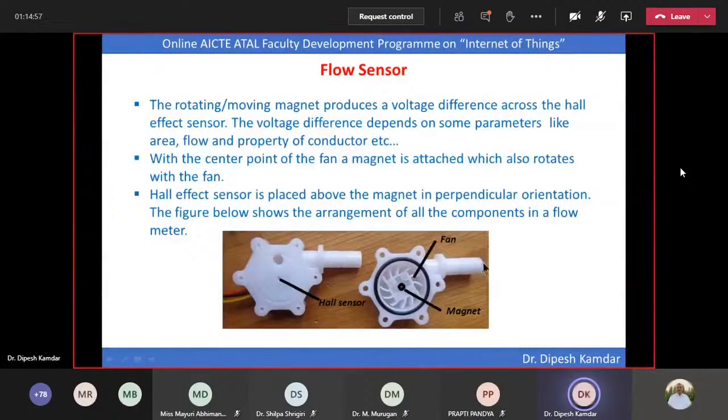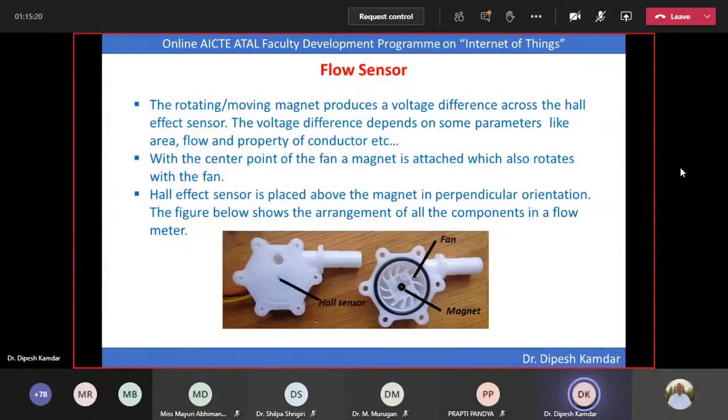flow meter. So when air or fluid is passing through, this rotor will get rotated. Once it is rotated, the magnetic field will be varying.